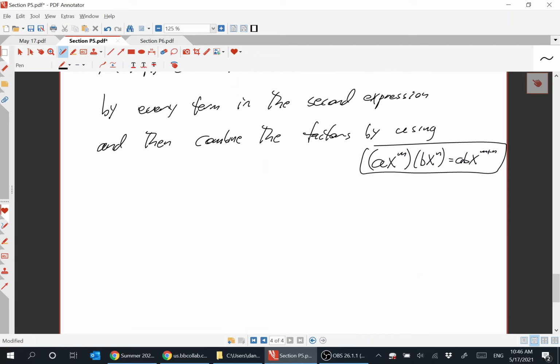So, for example, if I've got an algebraic expression or a polynomial that looks like this, there's 3 terms in this algebraic expression. There's 2 terms in this algebraic expression. All right, so 3 terms here and 2 terms here.